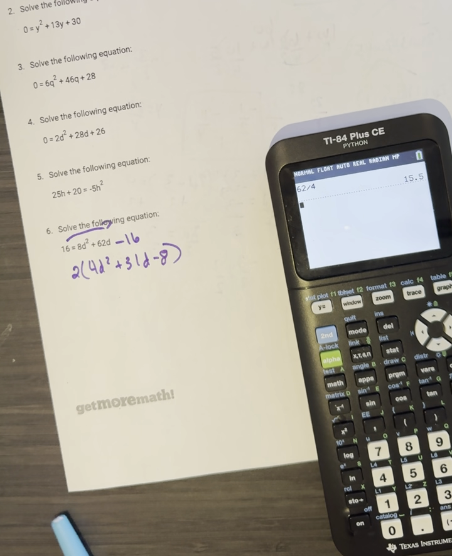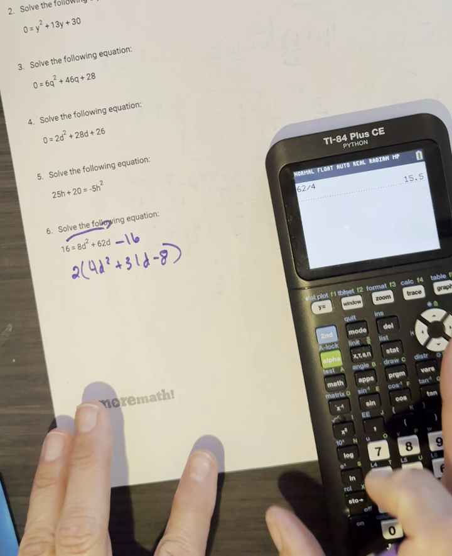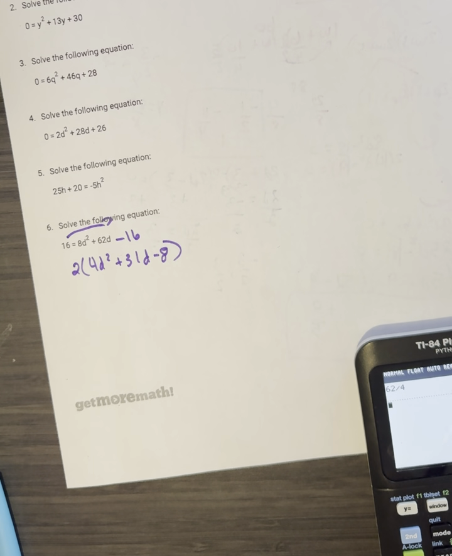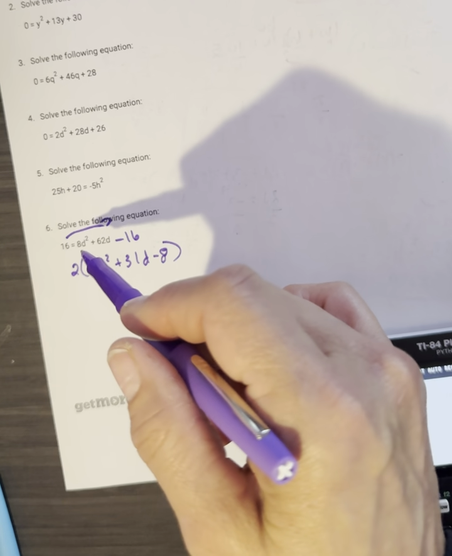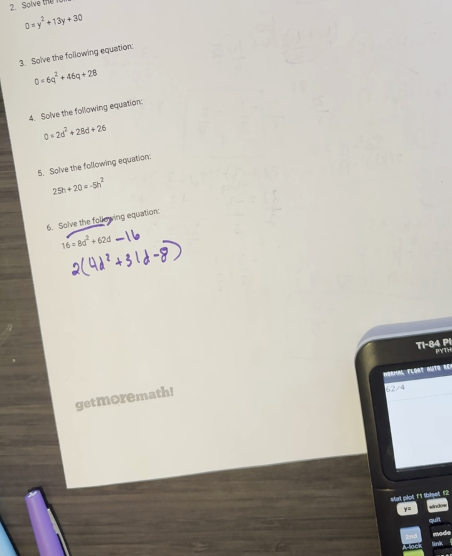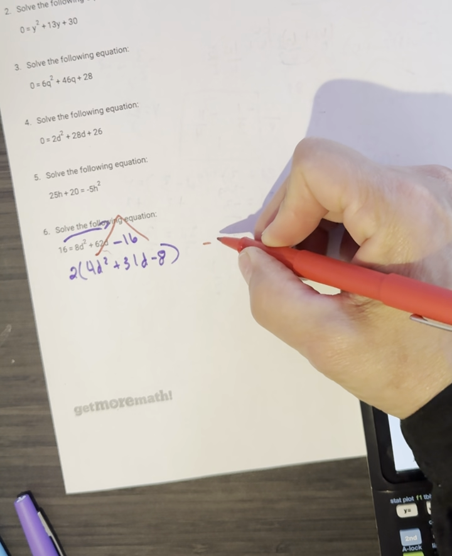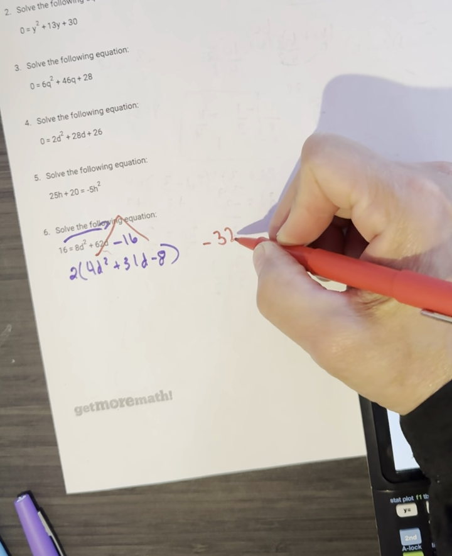So the advantages of taking out something, your numbers end up smaller. You could still find the solution. Now the factor would be incorrect if it's just asking you to factor, but you'd still find the solution. So what is 4 times negative 8? Negative 32.